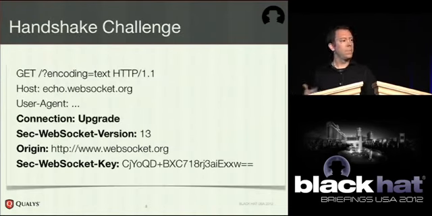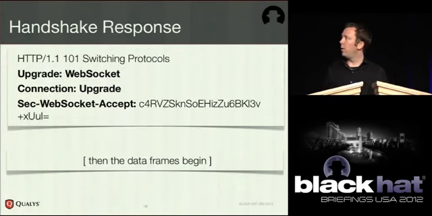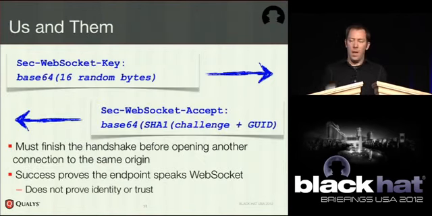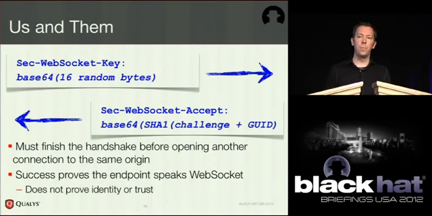The challenge looks pretty familiar to a normal HTTP request. You have a connection asking to upgrade to WebSockets, and you have a WebSocket key to which the server responds with a challenge. This is a challenge response, and it is not cryptographically strong in terms of identity. All it's intended to do is say that you are actually talking to an endpoint that speaks WebSocket.